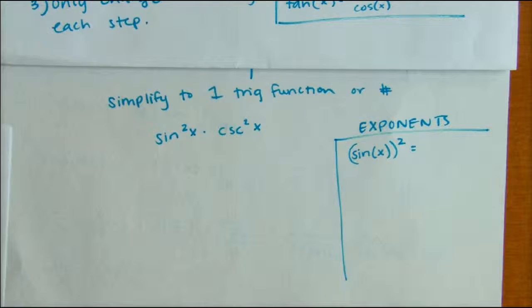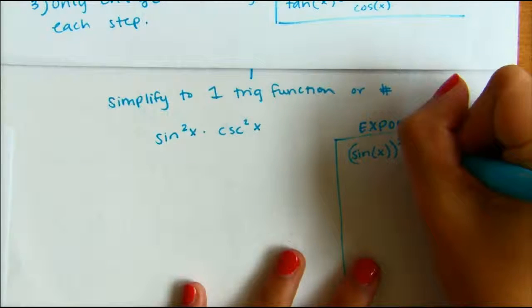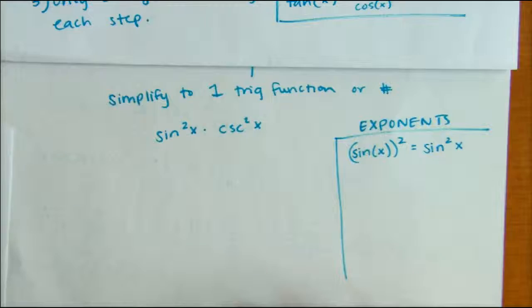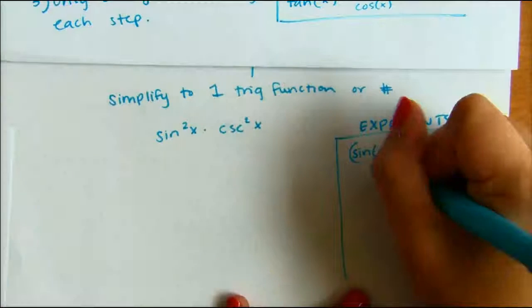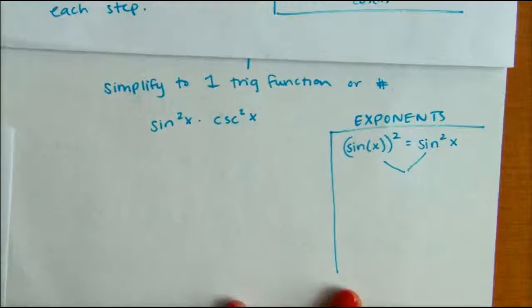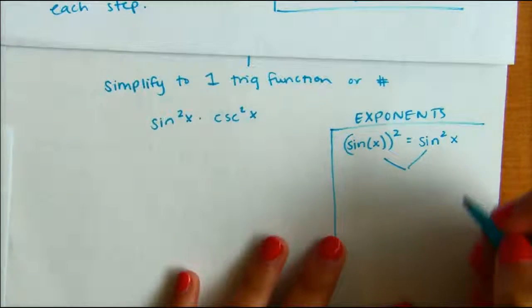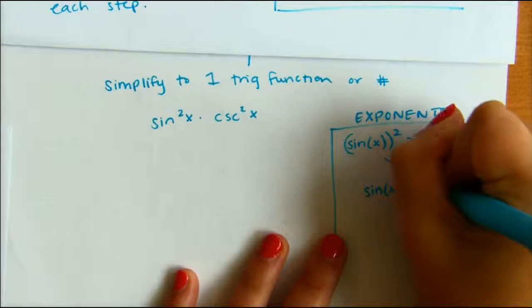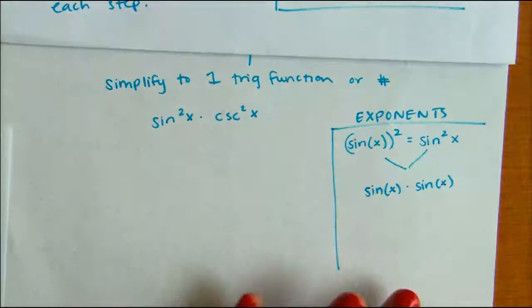So notation-wise, we write the exponent as sine, and then your exponent to x, sine squared x. This, however, means the exact same thing. Both of these statements mean that you've got 2 sine of x's being multiplied together. So sine of x times sine of x.